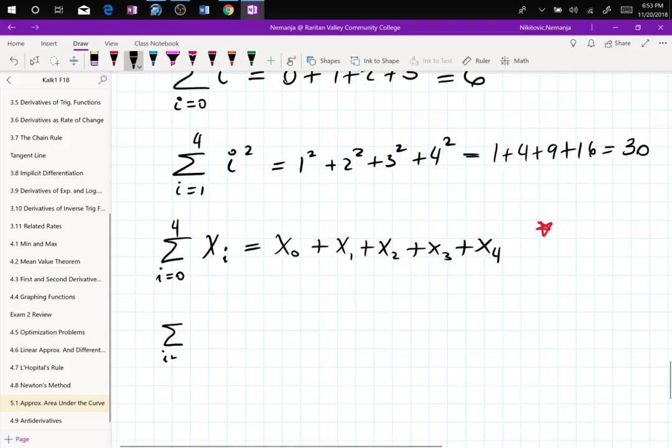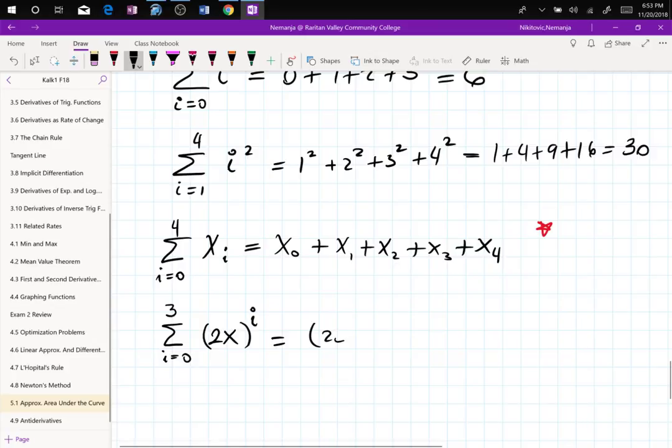Summation i starts at 0, goes to 3 of 2x raised to the i. So you've seen me use i to be the base, i to be the subscript. Now it is i's exponent.